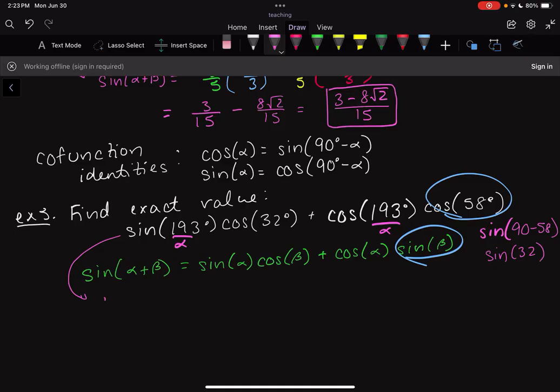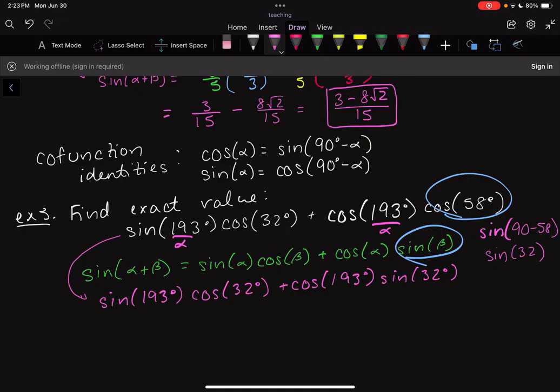So if I rewrite this, I get sine 193 times cosine 32 plus cosine of 193 times sine of 32. And that looks a lot more like the identity that I was expecting to see.